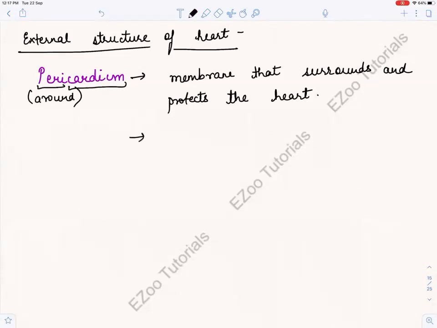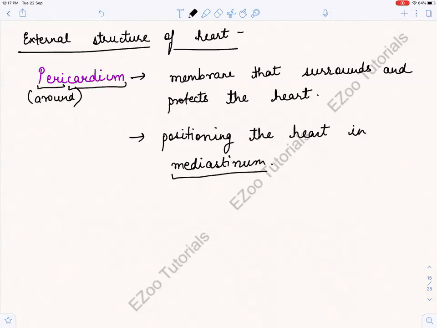Okay, now the second thing, what will it do? It is positioning the heart in the mediastinum. Now a few of you will be asking, what is this mediastinum?